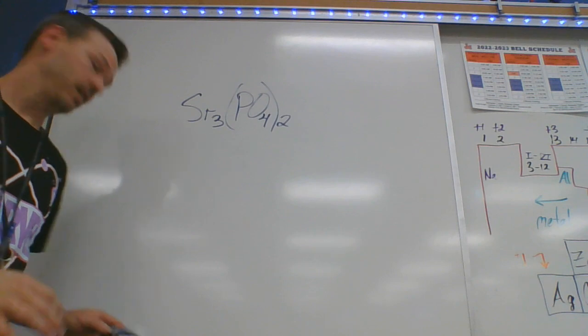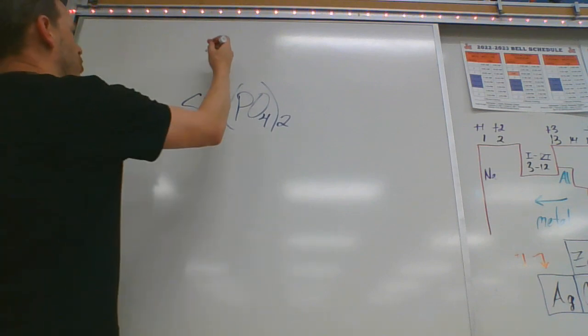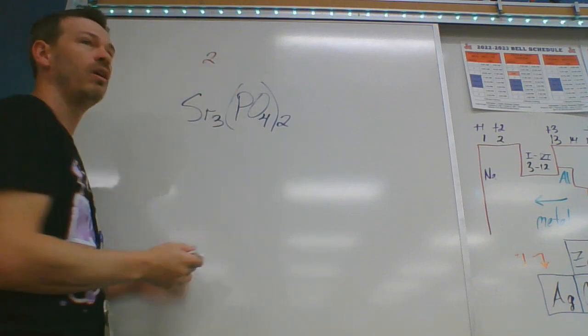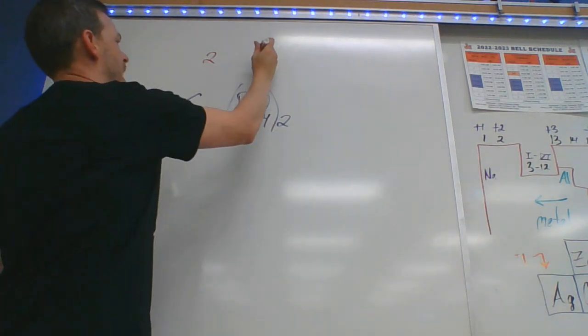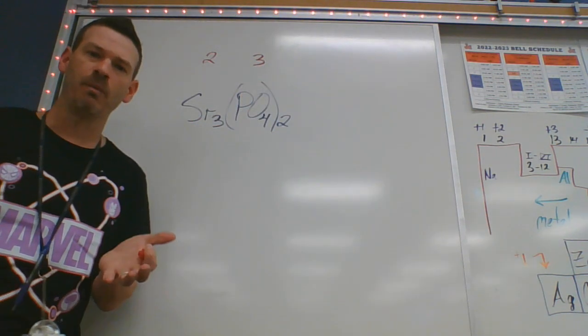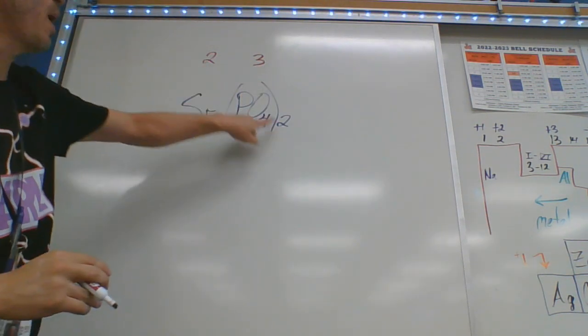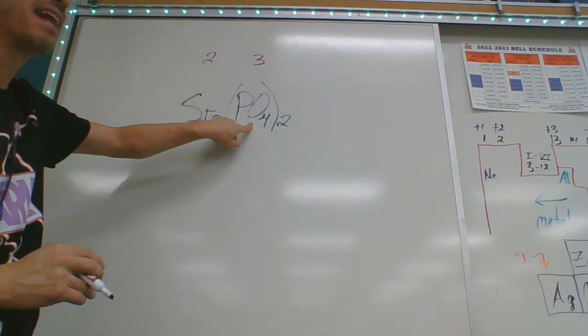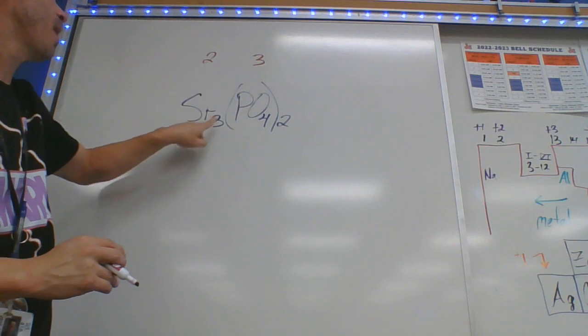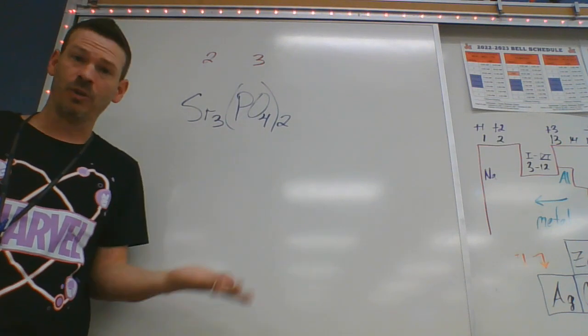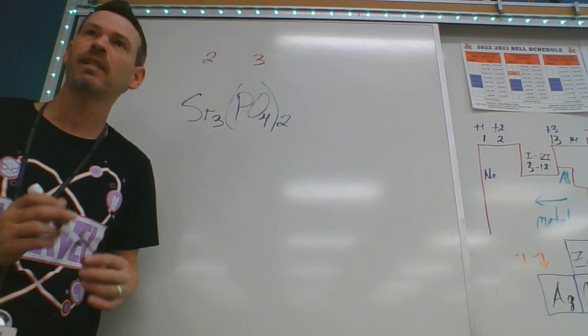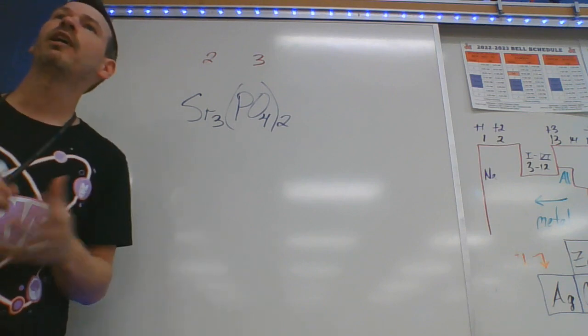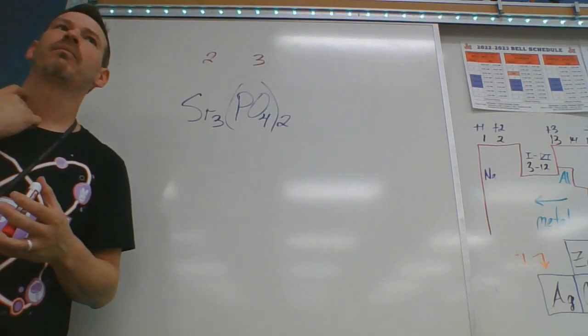It's perfect. Why is it perfect? Well, she saw that strontium was +2. On the polyatomic, phosphate was -3. They couldn't be simplified. So the 2 went there and made parentheses because that is bigger than 1 and that is polyatomic. The 3 went there, and it was normal, wasn't polyatomic, so no parentheses. And that is the only correct way to write strontium phosphate.